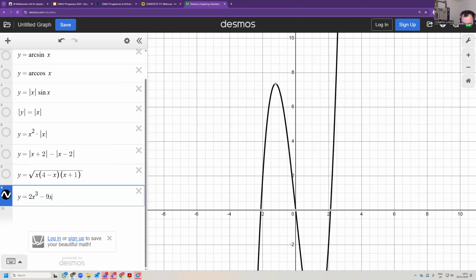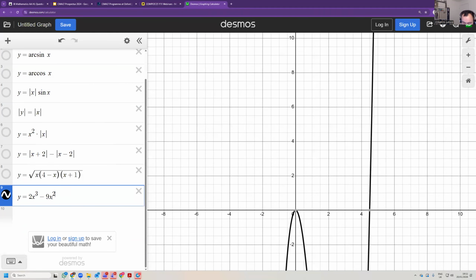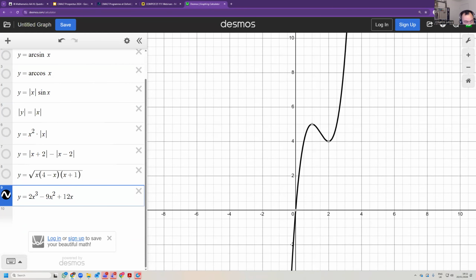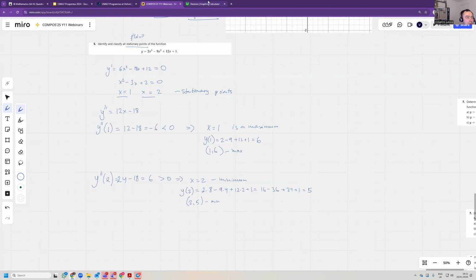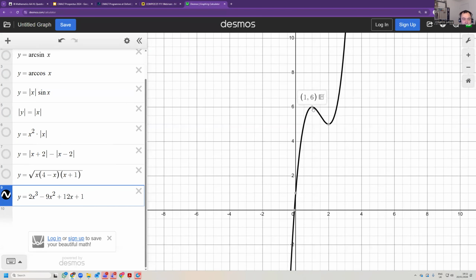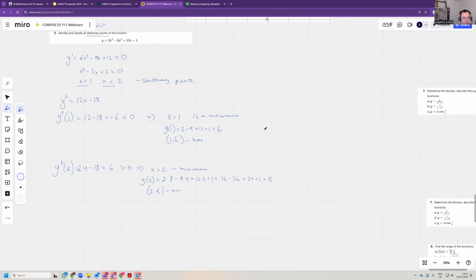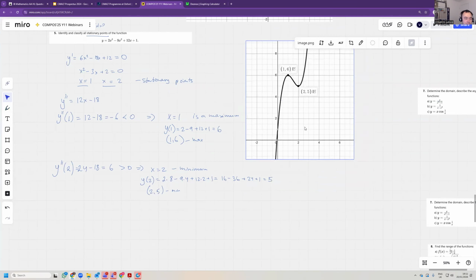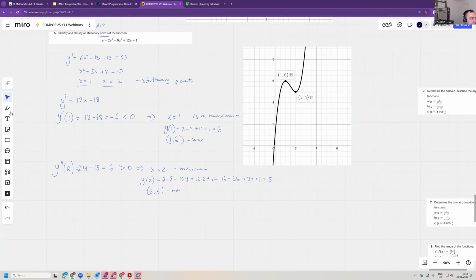And you can see that these are minimum and maximum. So what I've done is I've found these points. So this is a maximum and this is a minimum.